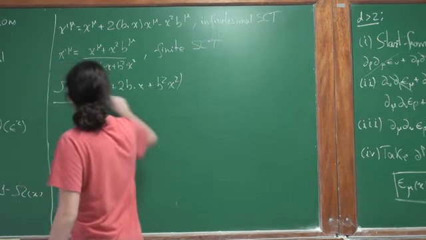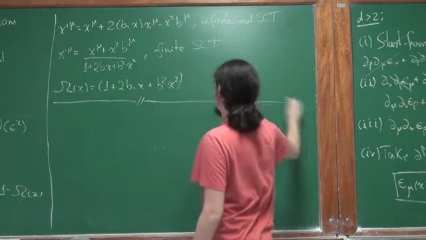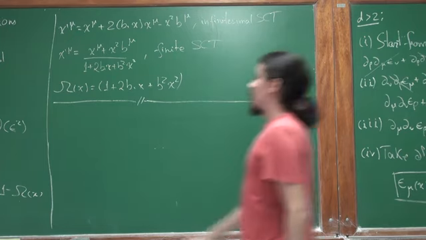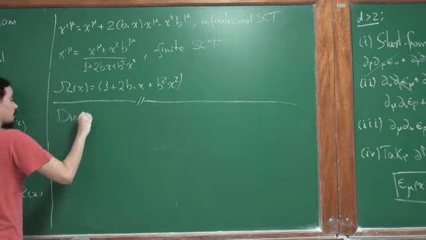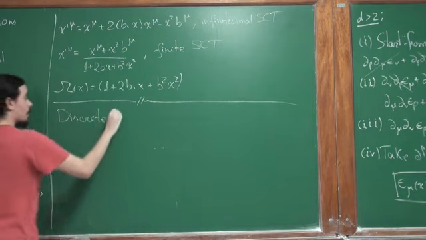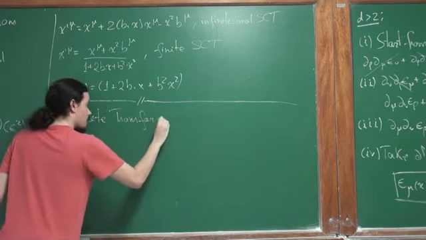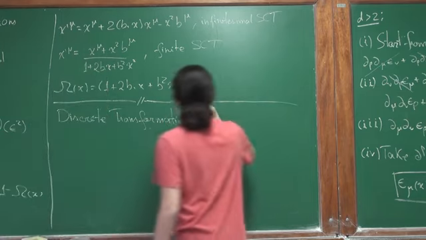We resolved the continuous infinitesimal transformations that are connected to the identity. We have a discrete transformation, which is the inversion.